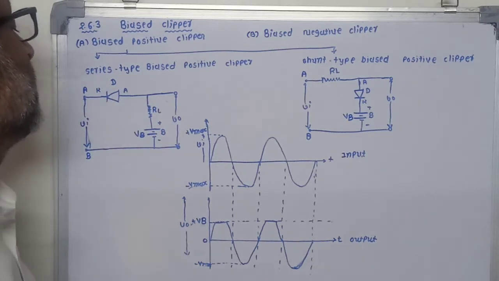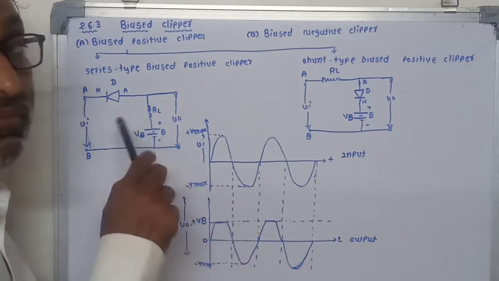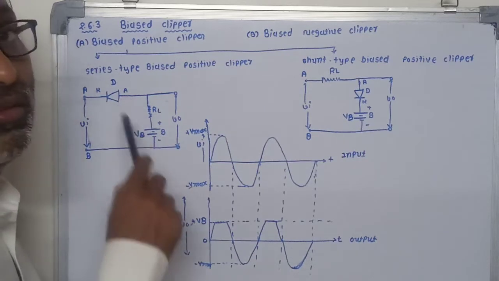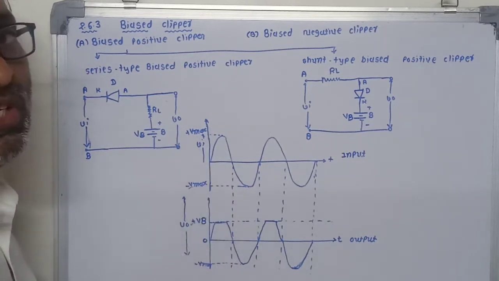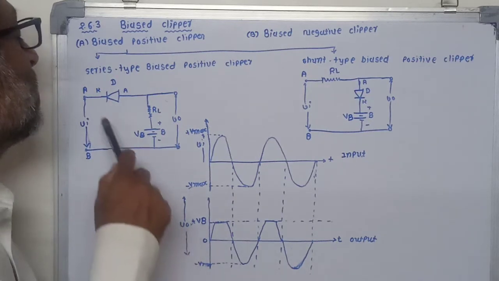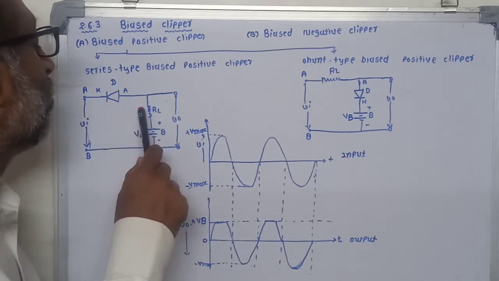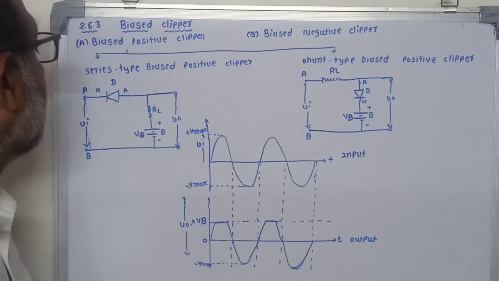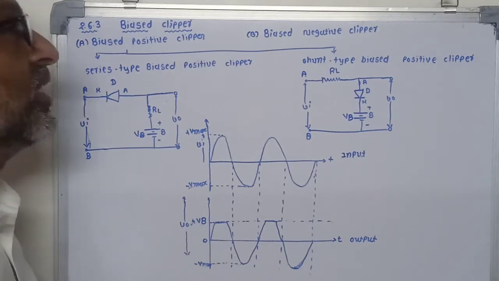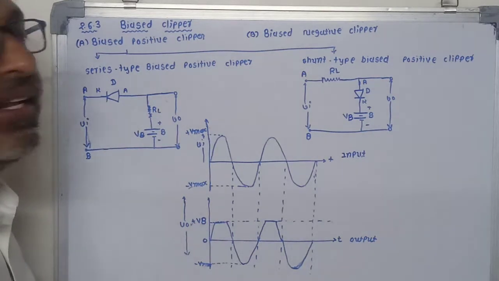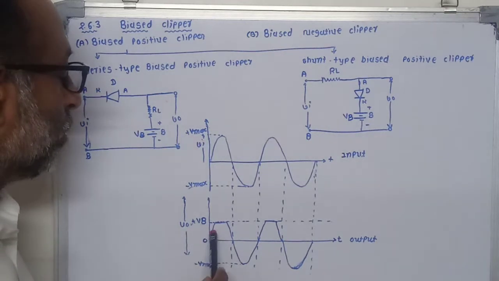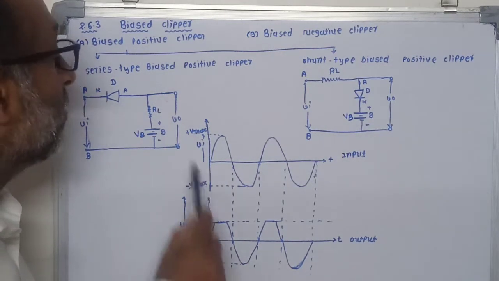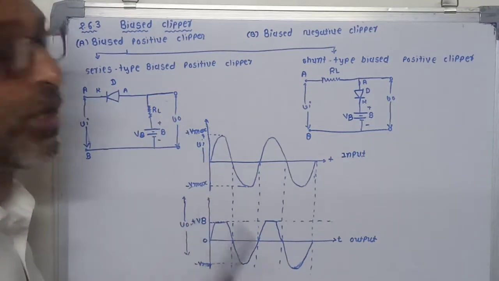So in this case, the diode is in forward condition, and it acts as a short circuit. Due to this, current starts to flow through it, and as a result your input voltage appears at the output. So you can say that this positive output voltage is available at the output terminal.